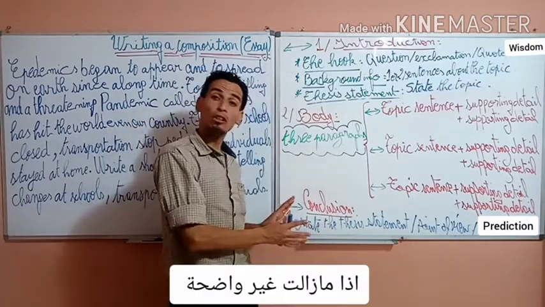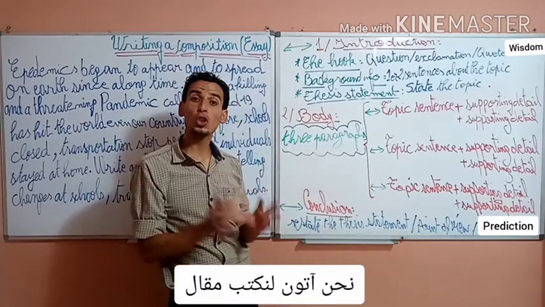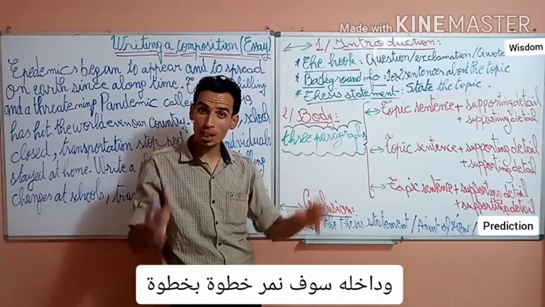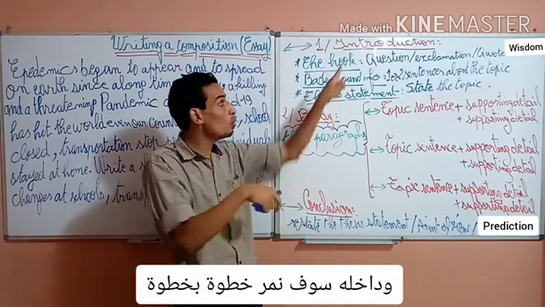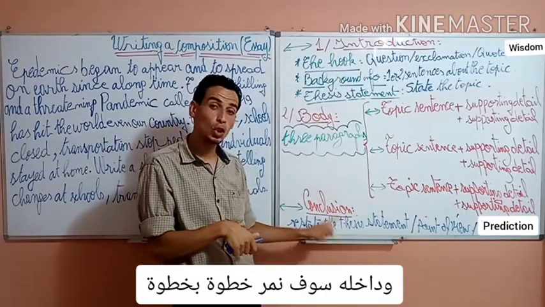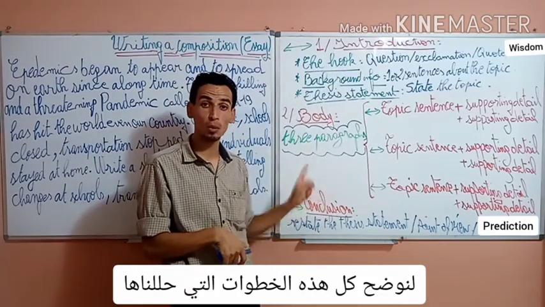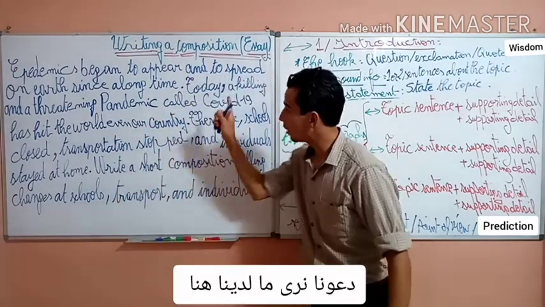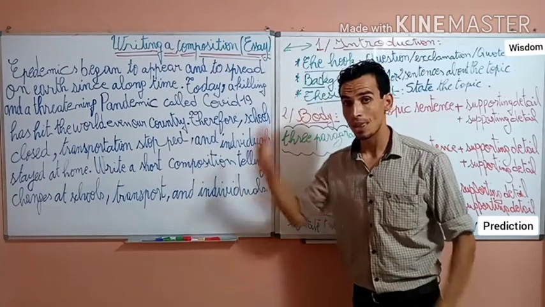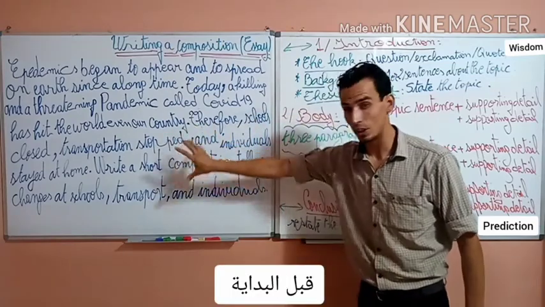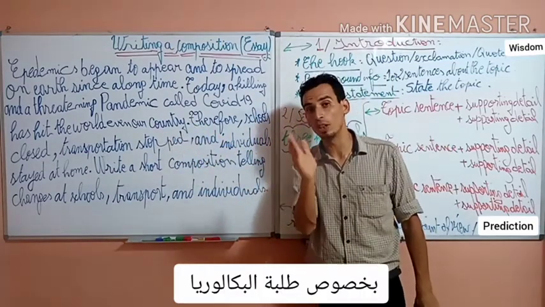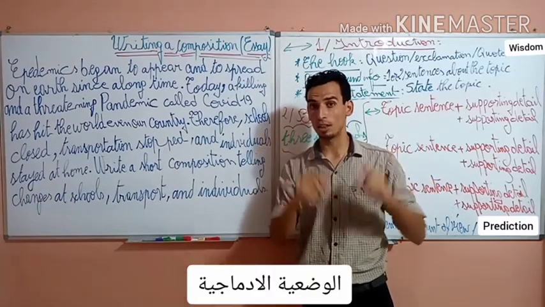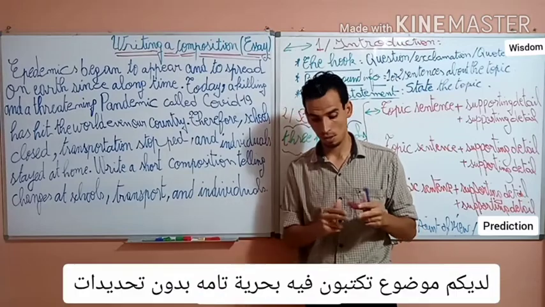If it's still not clear, we are going to write an essay, and inside we are going to move step by step to show all these steps that we have analyzed. Let's see what we have here, this task. Before we start, for baccalaureate exam pupils, the situation of integration, you have two topics.